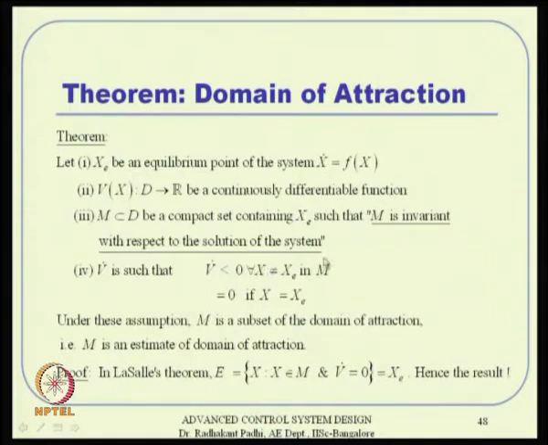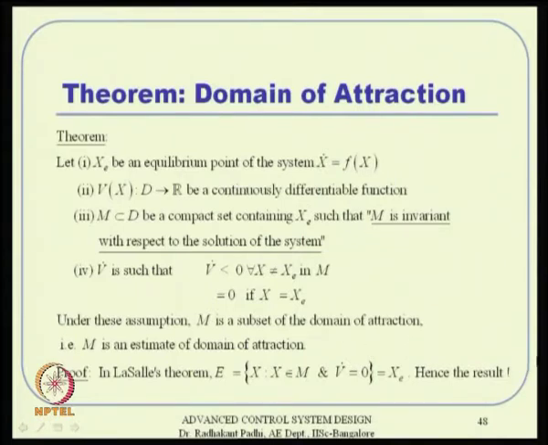And this M that we are talking about is a subset of this domain D, the compact set containing xc, the equilibrium point, so that M is an invariant set with respect to the solution of the system. That has to be guaranteed. Under these assumptions, M is not the domain of attraction, but M happens to be a subset of the domain of attraction.